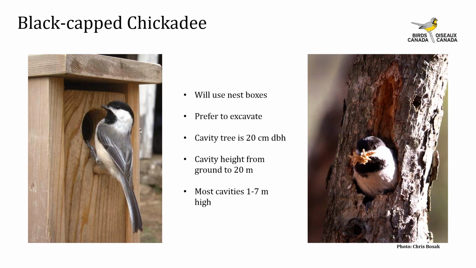Chickadees will use nest boxes, but they prefer to excavate wood shavings over using an empty box. The nest trees average about 20 centimeters in diameter, and the cavity height can range from ground level all the way up to 20 meters, but most cavities are in the 1 to 7 meter height range.